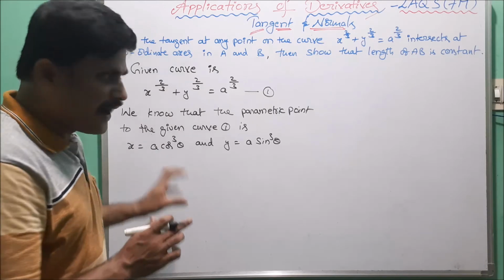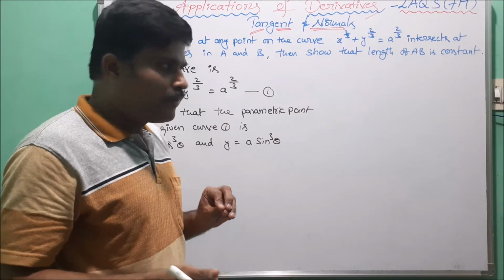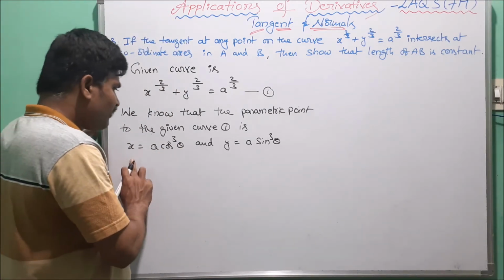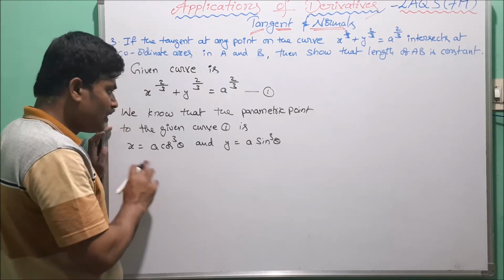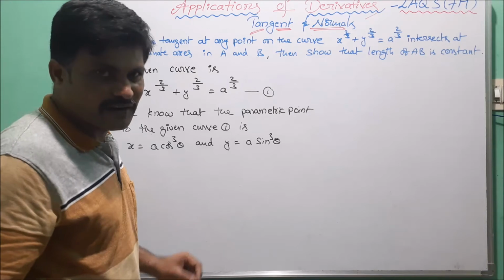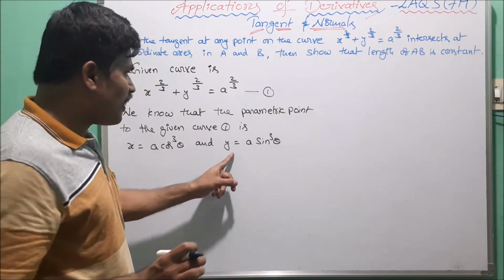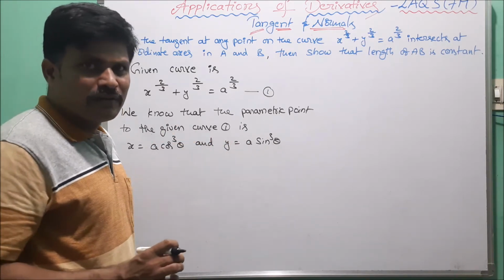Now here to find dy by dx, first to find the slope of the tangent. Before going to the slope, first to find dy by dx. Now clearly we observe the x value is in terms of theta, and the y value is also in terms of theta. Now we are using parametric differentiation. First, x and y are functions of theta.